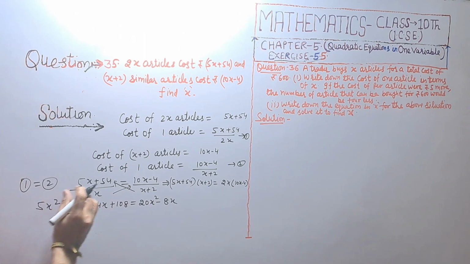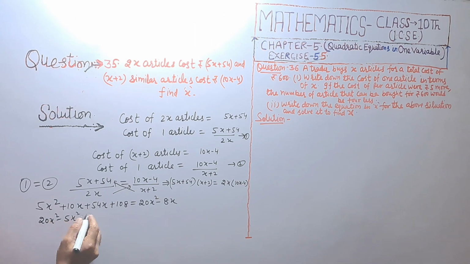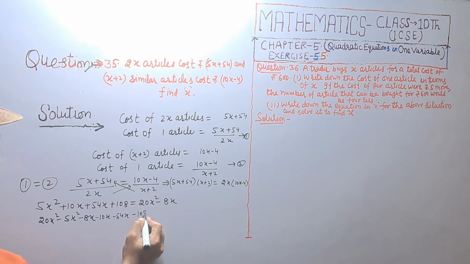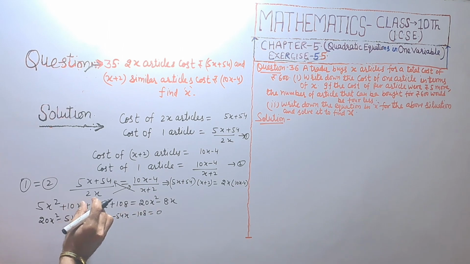We are shifting left side to right. This will be 20x square as it is, minus 5x square. This will be negative, and minus 8x minus 10x minus 54x minus 108 equal to 0.